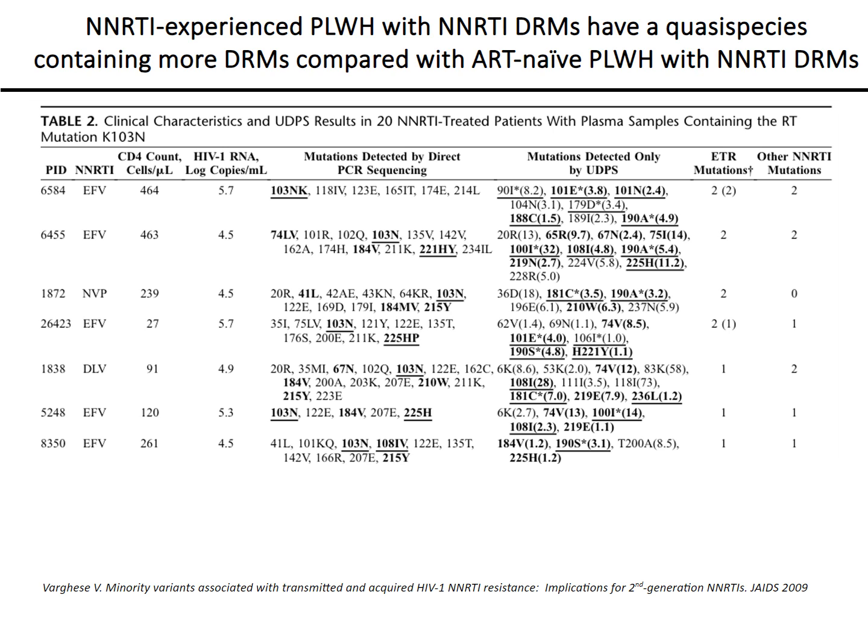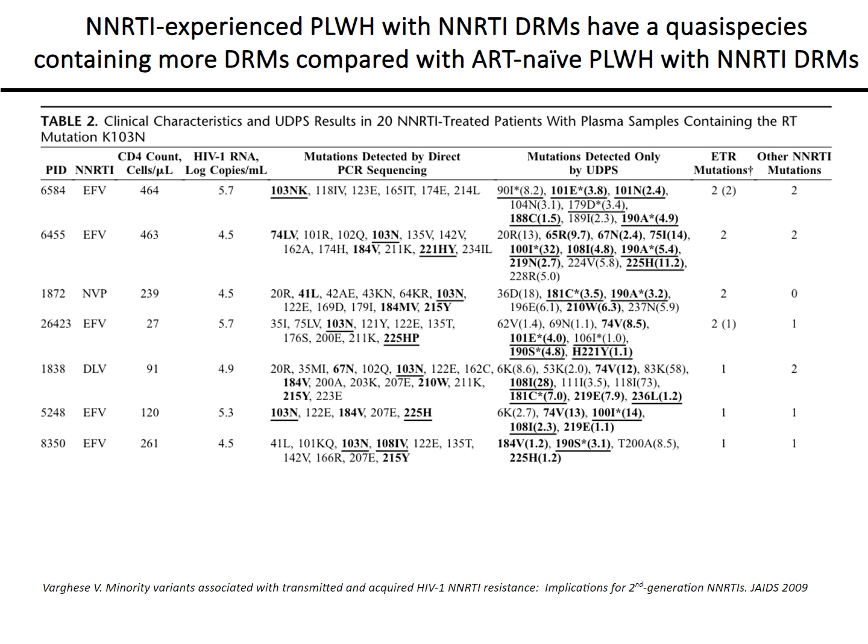We performed direct PCR Sanger sequencing and deep sequencing in 13 ART naive patients and 20 NNRTI experienced patients who had K103N. Among the 13 ART naive patients with K103N detected by PCR sequencing, none had additional mutations detectable by deep sequencing that would cause resistance to the second generation NNRTIs Etravirine or Rilpivirine.